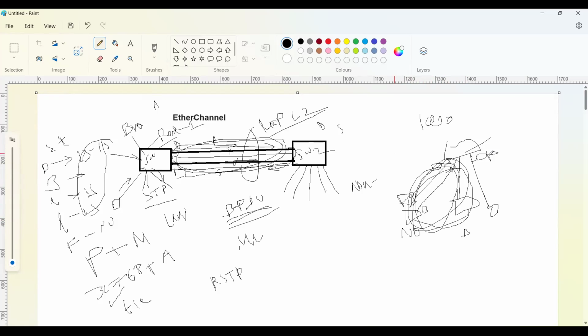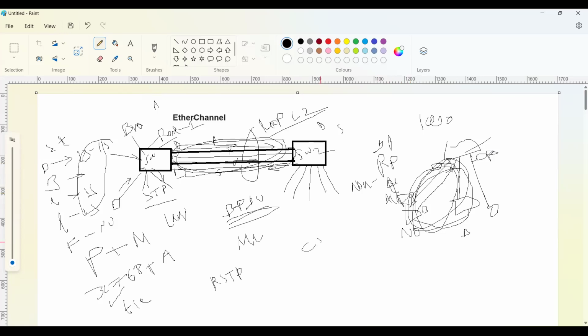So we have the port roles. First is DP, designated port. Second is RP, root port. Third is blocking or alternate. Understood?